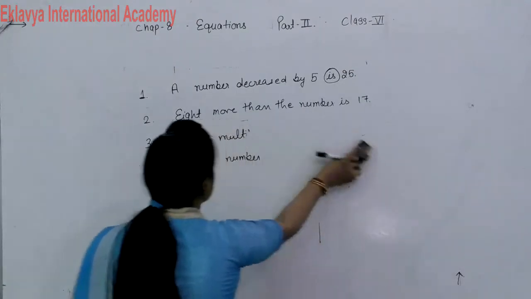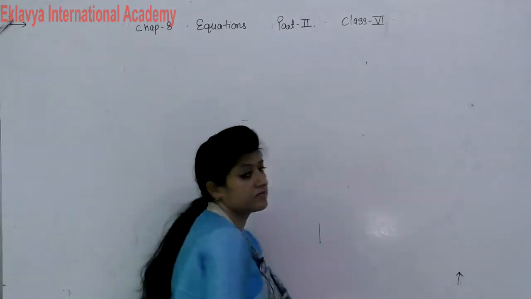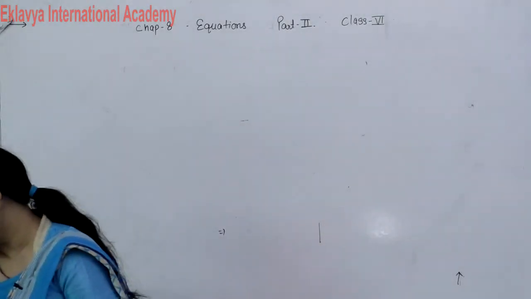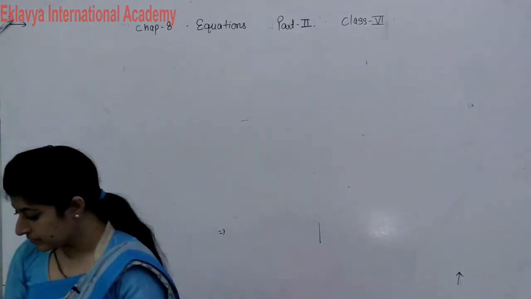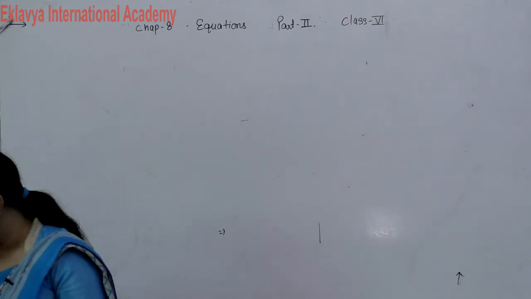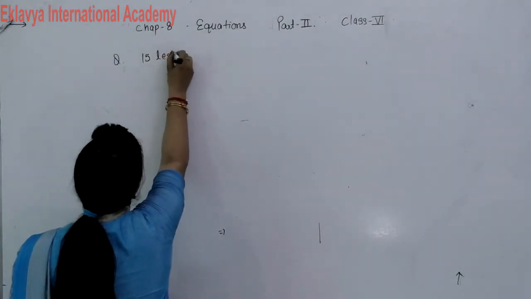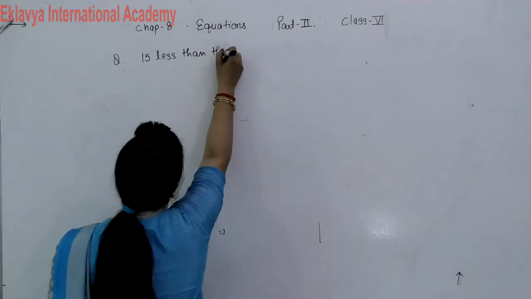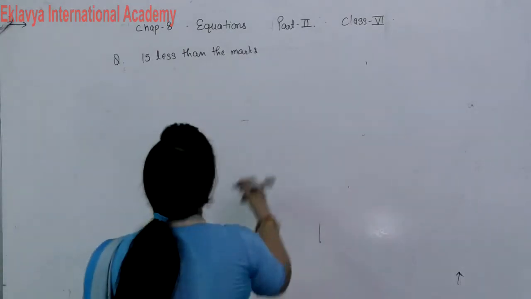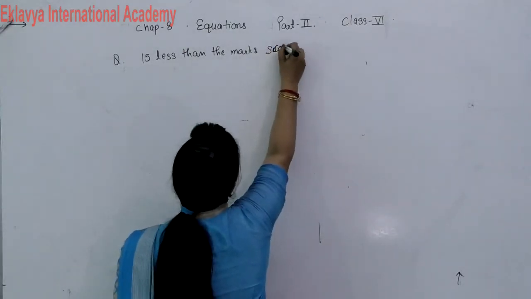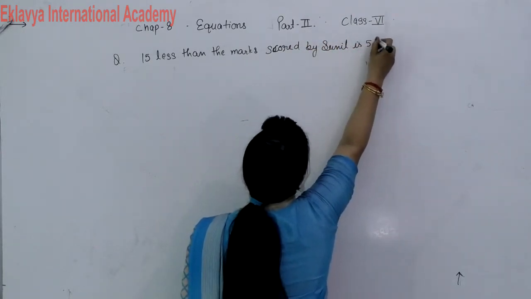Another example: 15 less than the marks scored by Sunil is 55.